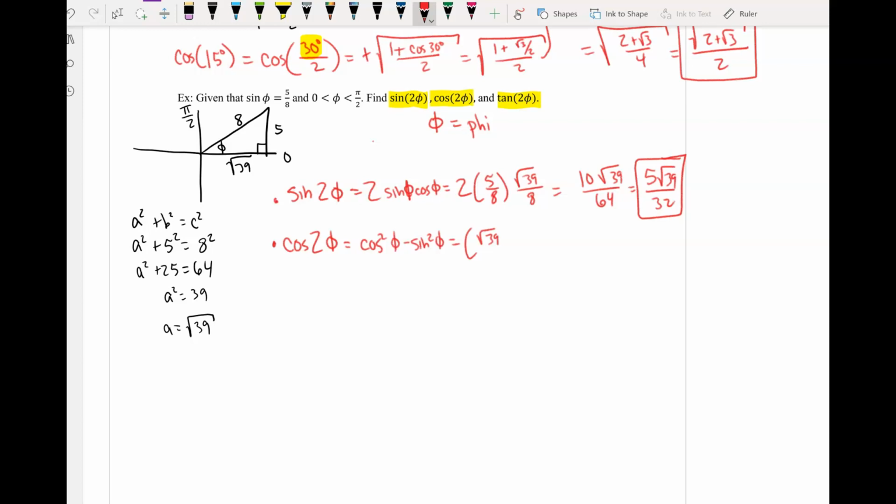That's square root of 39 over 8 squared. And the sine is just 5/8 squared. So this is going to give me 39 over 64 minus 25 over 64. Okay, so we're going to take that 39, subtract the 25, gives me 14 over 64, which also reduces to 7 over 32.